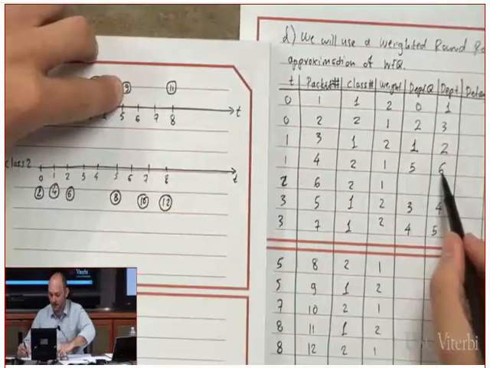Part A, token rate equals 2. So T, I'm going to put from 0 to 5: 0, 1, 2, 3, 4, and 5. What happens? We have new packets, new tokens, and packets left.